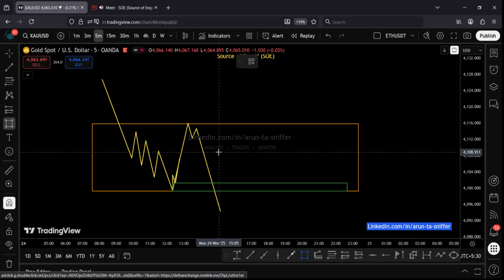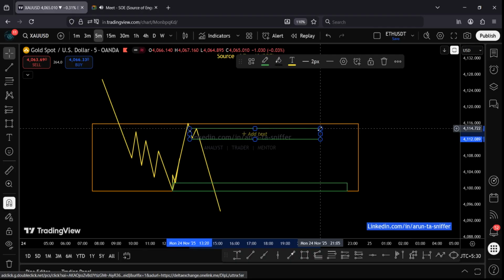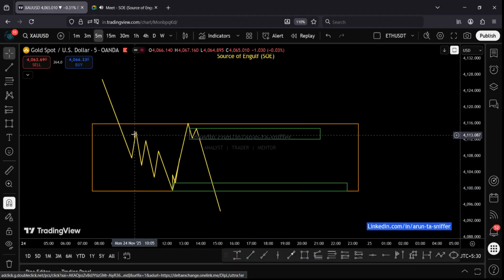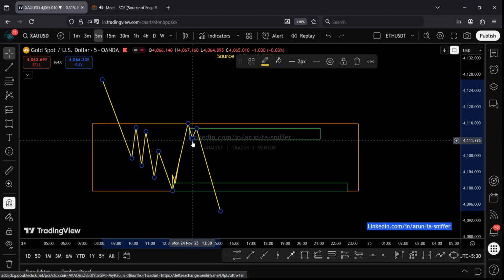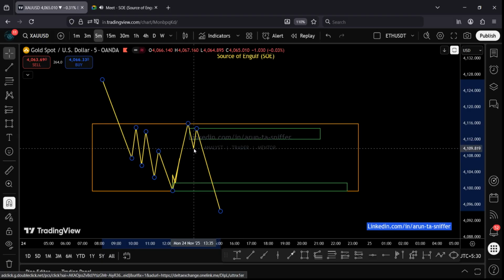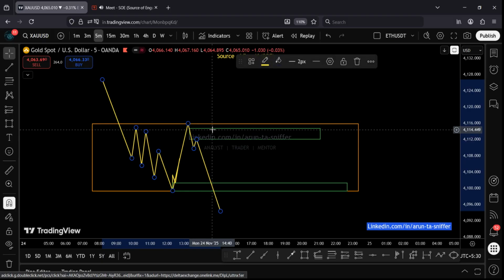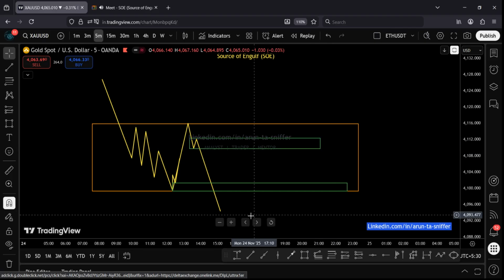Another may be this origin area, and another can be this one. To see this clearly we are pulling this like this. So the zone will be here, origin.